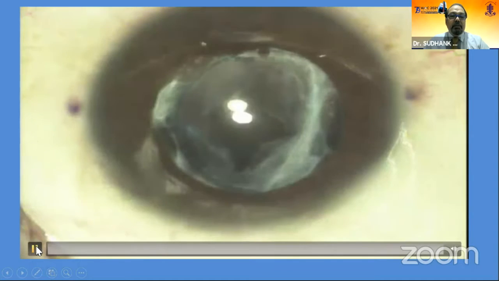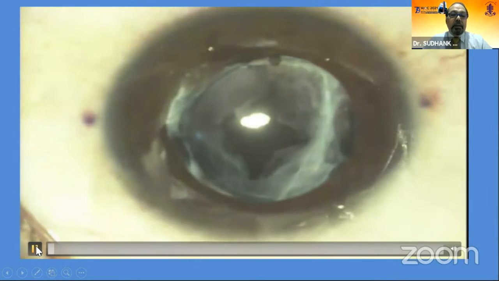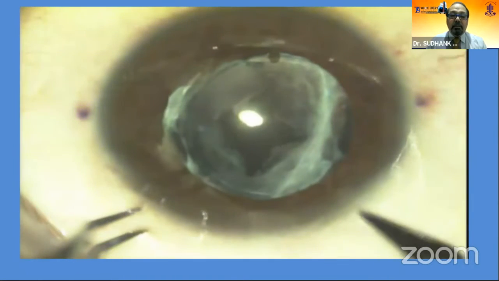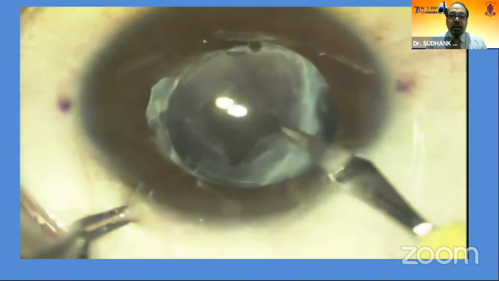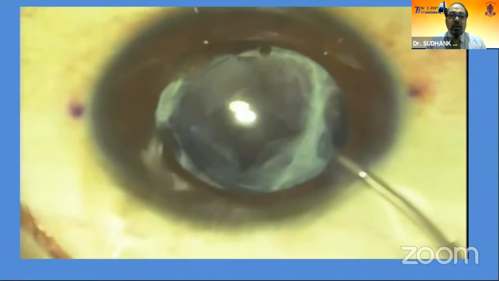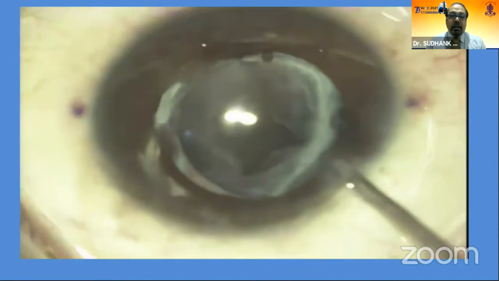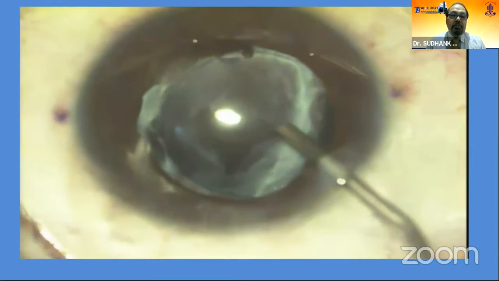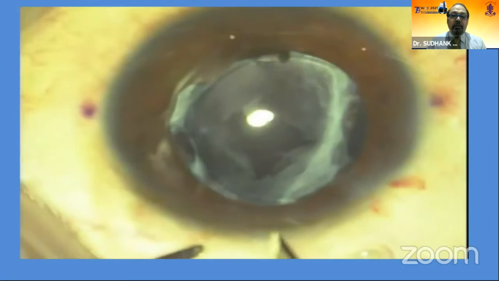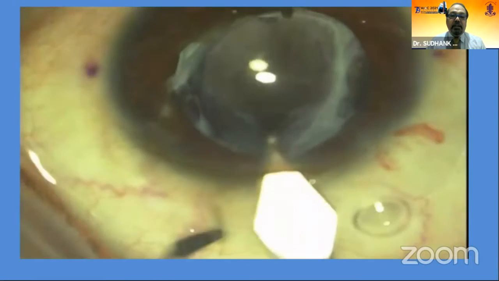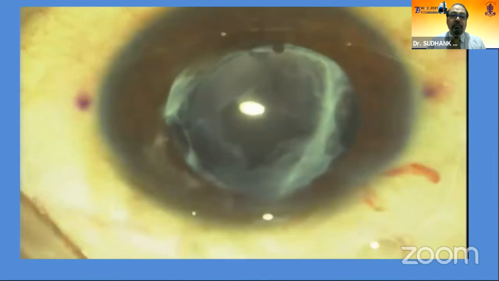So in this particular case, I could have done a Sulcoflex, but with Sulcoflex sometimes either you don't get it, or when you get it, you have so much of cost constraint. If the power is -10 with something like 4 cylinder or 3 cylinder, the cost of Sulcoflex seems to be very prohibitive.